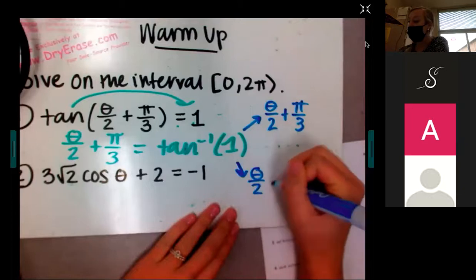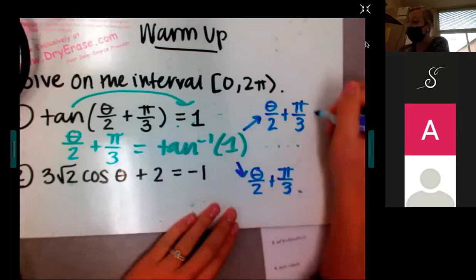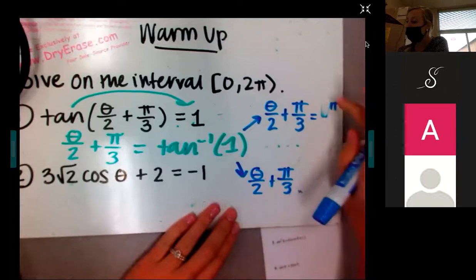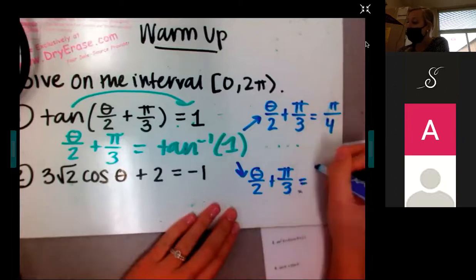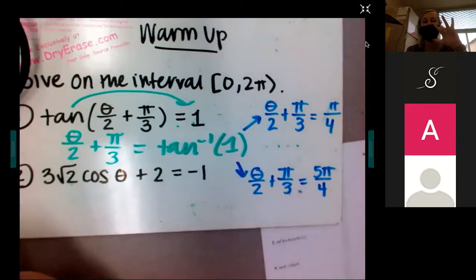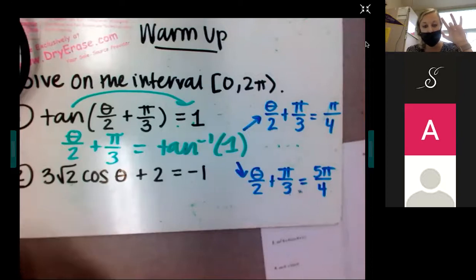So in quadrant 1 and quadrant 3, the tangent will be positive 1, right? At that middle angle, that pi over 4. Does everybody agree at that middle angle? The tangent will be 1 because the y and the x are the same. You divide them, you get 1, okay?